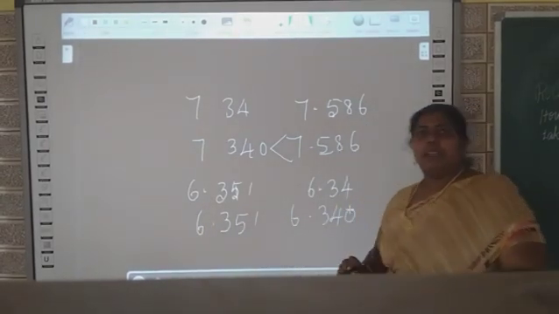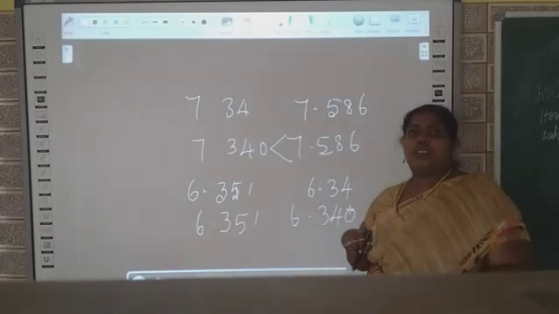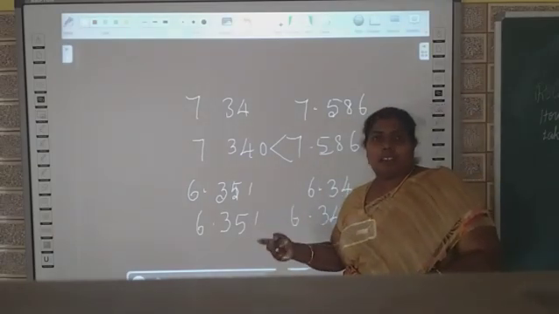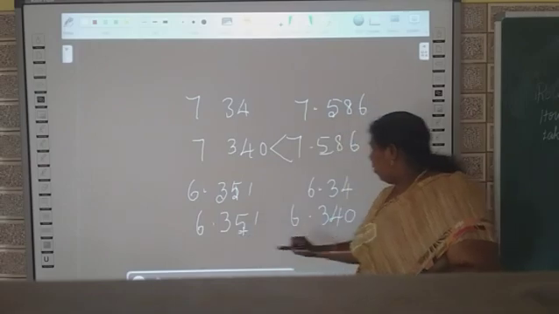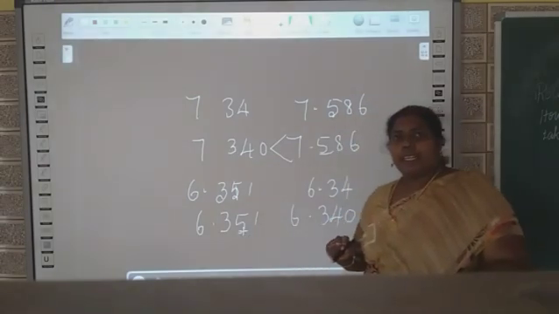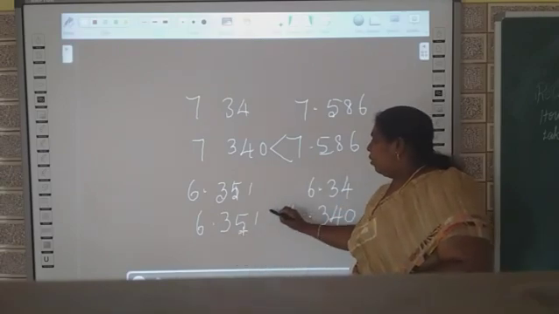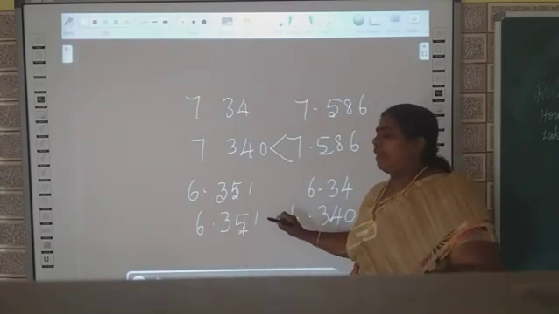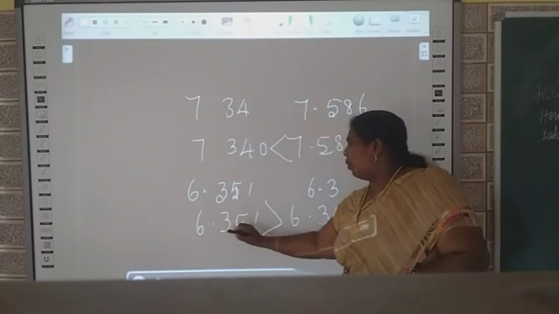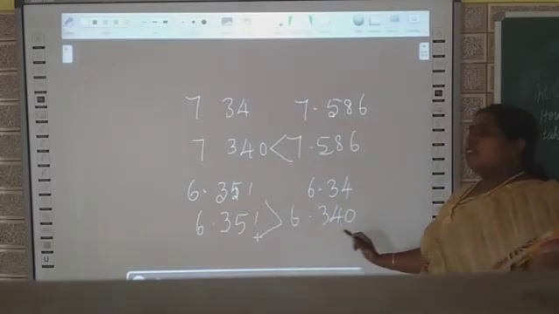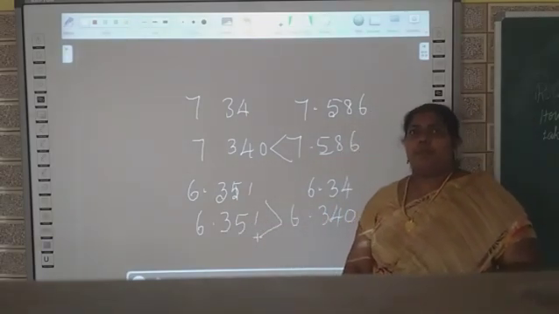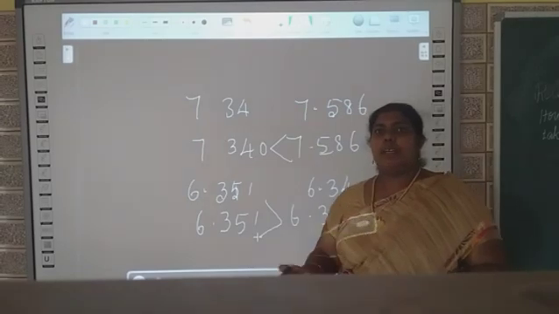Then after the decimal, the tenths place, here 3, here also 3. Then you check the hundredths place, here 5, here 4. Which is the greatest value? This is the greatest number. Understand? Now you have to use less than or greater than. Greater than. 6.351 is greater than 6.340.